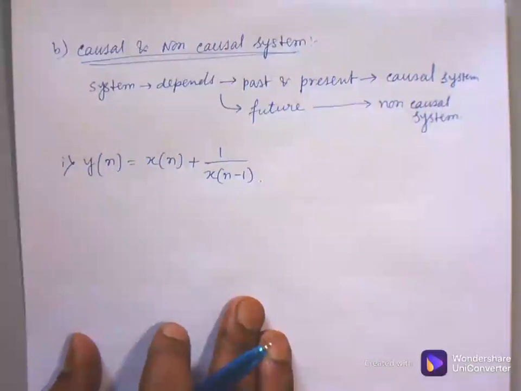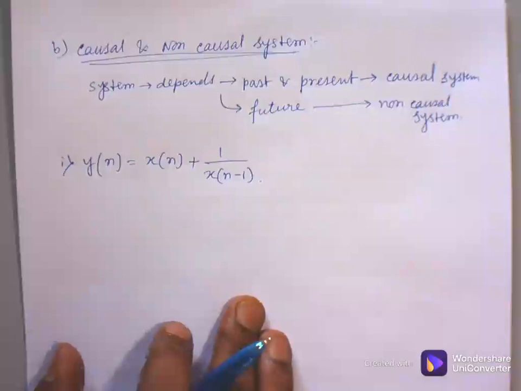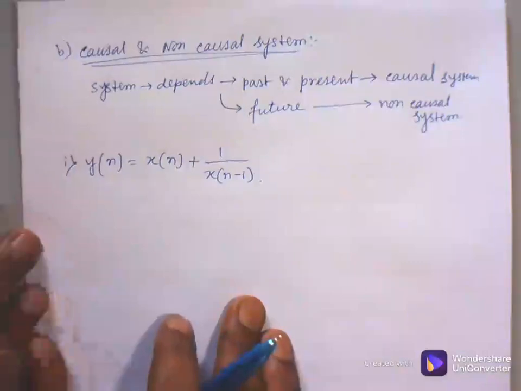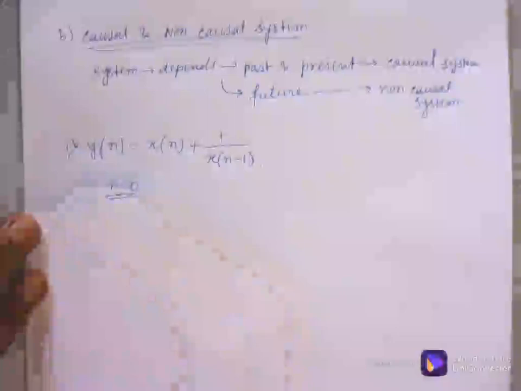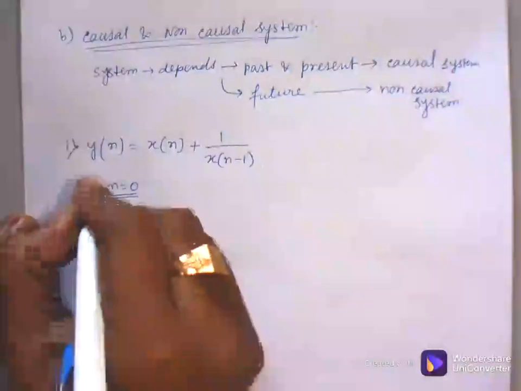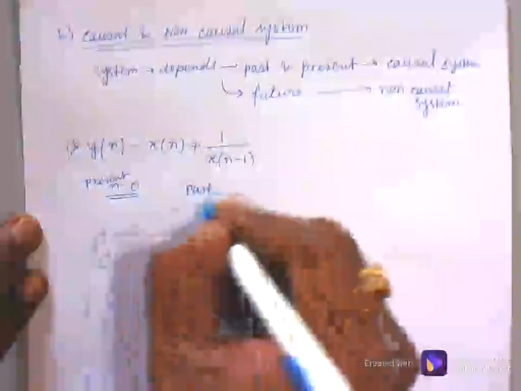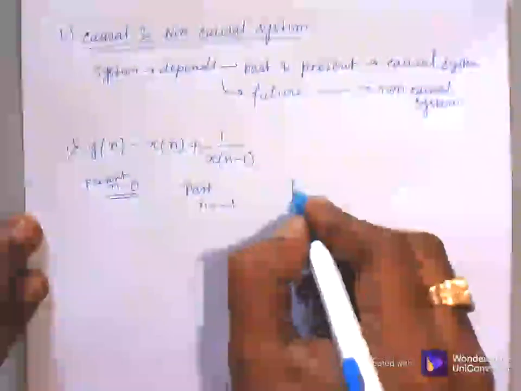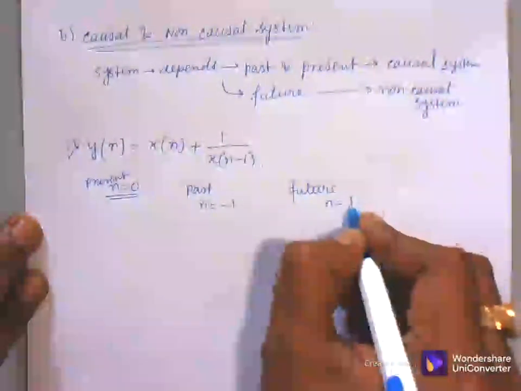According to the condition, I have to check whether it depends on the past value, present value or future value. The present value is n equal to 0. This is the initial present value. The past value is n equal to minus 1, and the future value is n equal to 1.